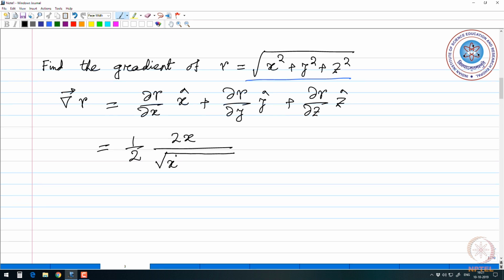That means 1 over the square root of x square plus y square plus z square, times x cap.